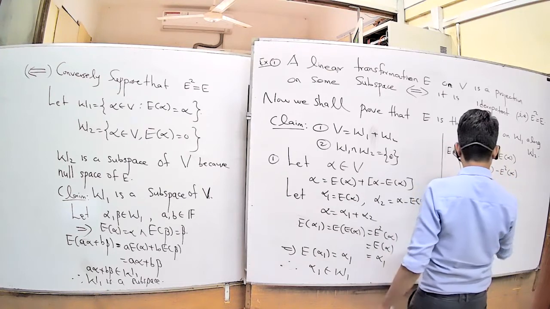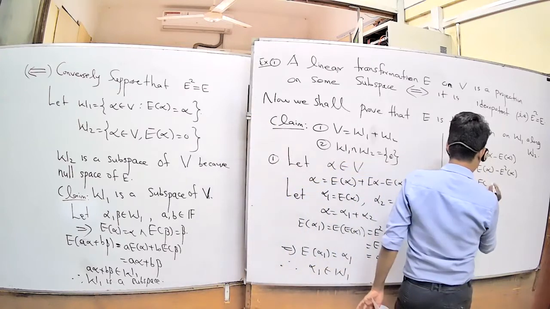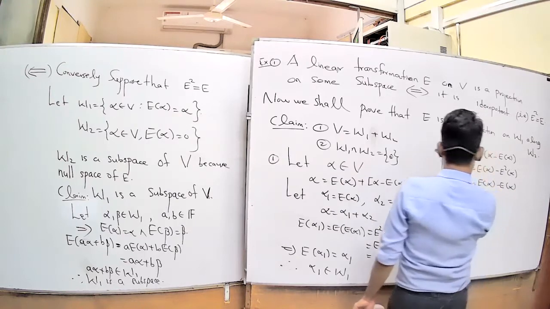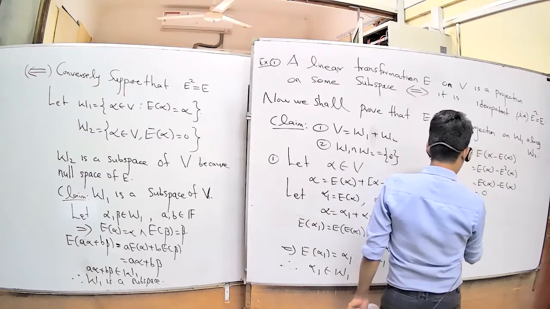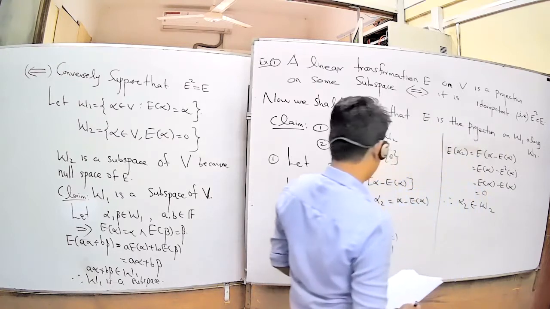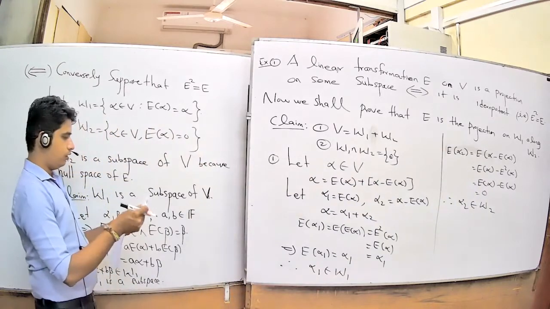From our assumption E squared equal E, E squared alpha is E alpha, so E alpha minus E alpha gives 0. Therefore, E alpha 2 equals 0, which means alpha 2 belongs to W2.